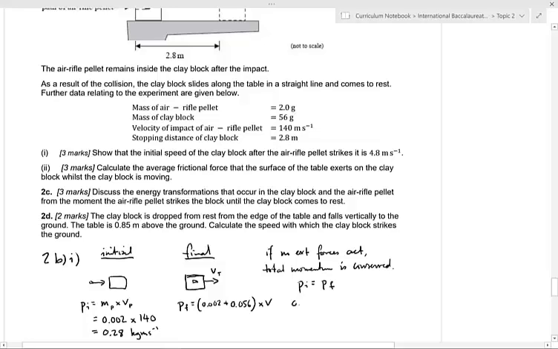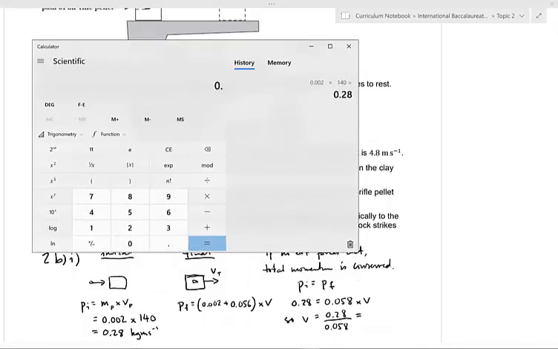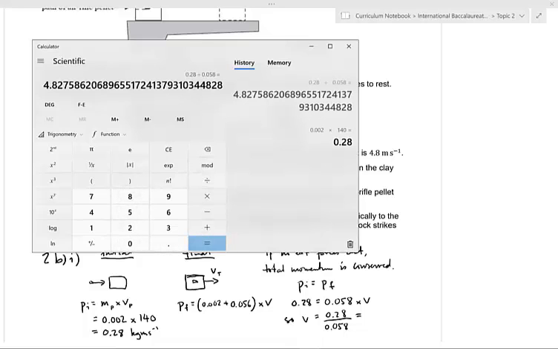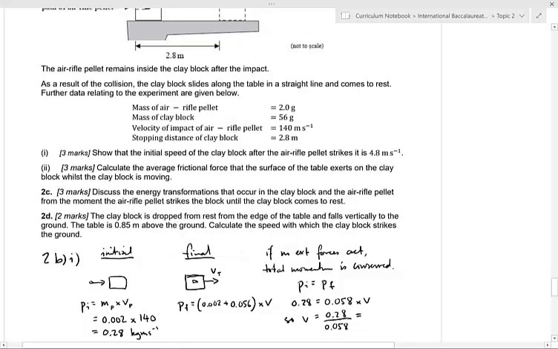So we have 0.28 must be equal to 0.058 times v. So v is going to be equal to 0.28 divided by 0.058, which gives us 4.83.